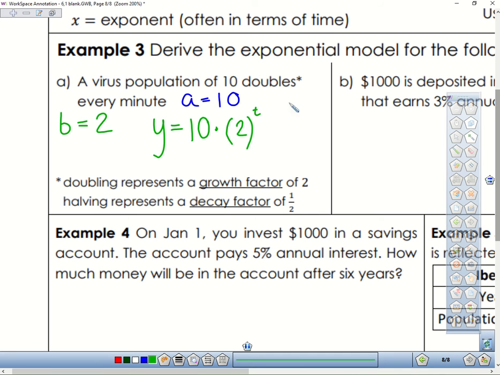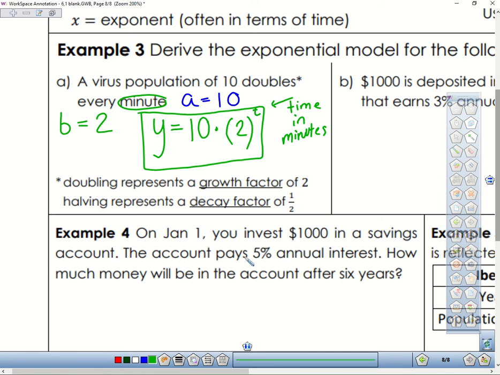Either one's fine. We'll use t because it's time, in minutes. In this case, it's in minutes. So whatever you get as your answer is going to come out to be the time in minutes. And that's because they said every minute. So that would be the equation that you have.